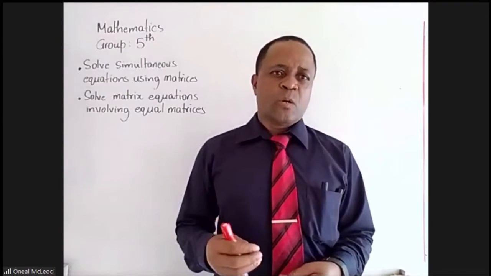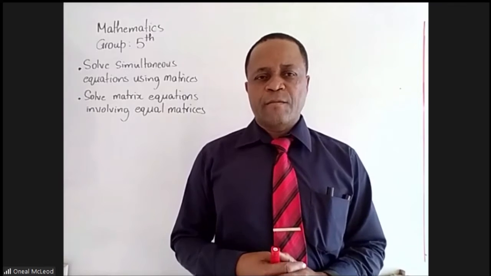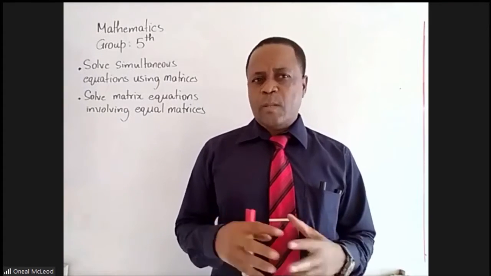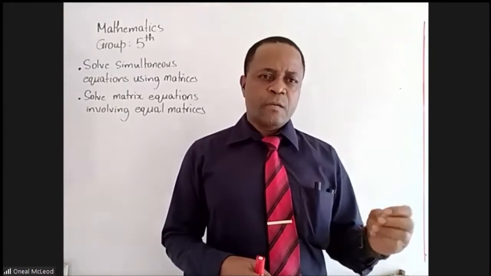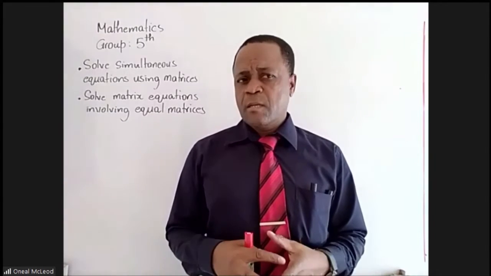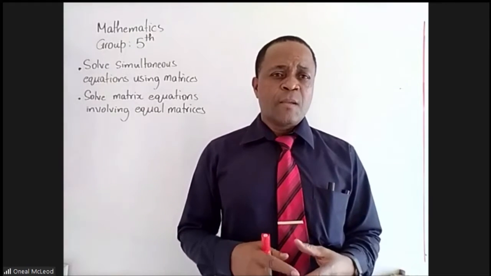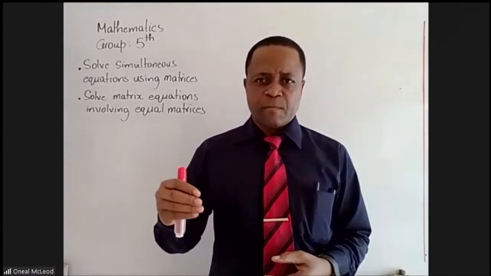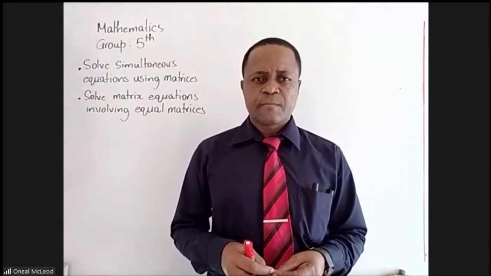Step three, we're going to multiply both sides of the equation by the inverse of the 2 by 2 matrix. We established in our last session that the multiplication on the left hand side of the equation is not really necessary. You don't need to show it because that is just taking up a lot of time, because we already know that when I multiply a matrix by its inverse, I will end up getting the unit matrix.